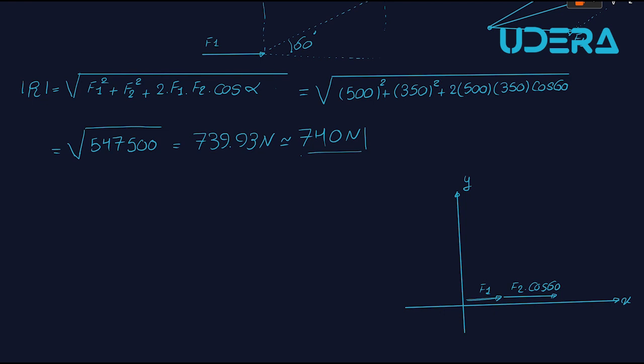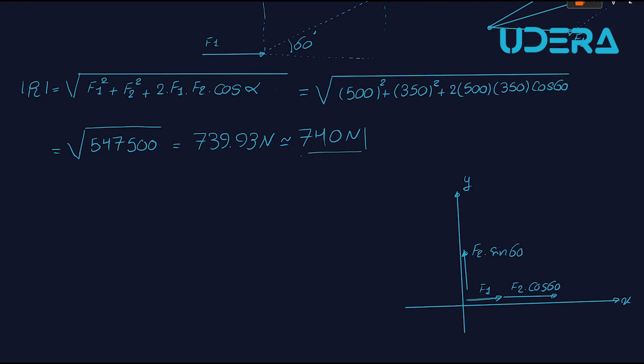Now, let's consider the y direction. We will have only one vector along y direction, which is the y component of vector F2, which is F2 sine of 60.